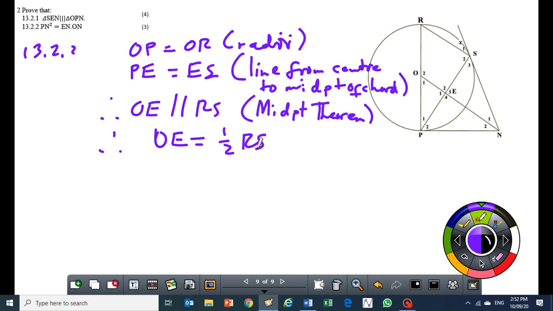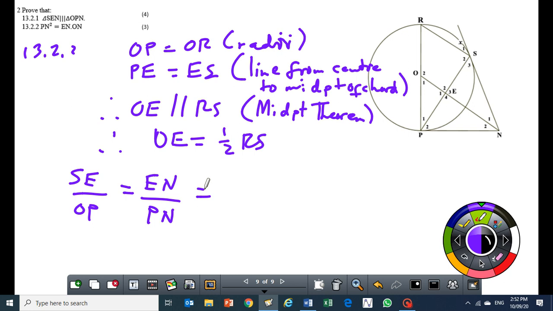Okay, so now I'm going to start from there. Now, that one there, I've got SE over OP equal to EN over PN, so SE over OP, then I put EN over PN.